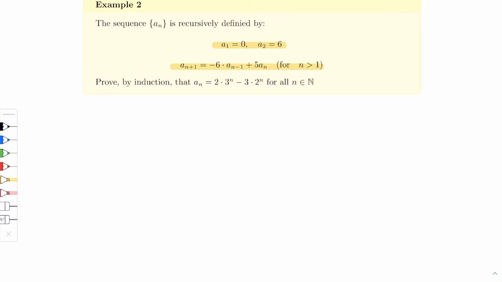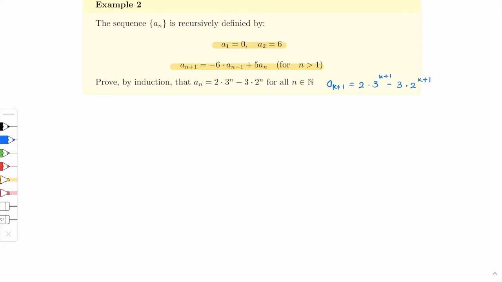Okay, because what you need to prove, you'll see that you need to prove a_(k+1) equals 2 times 3 to the k minus 3 times 2 to the k plus 1, sorry, k plus 1.